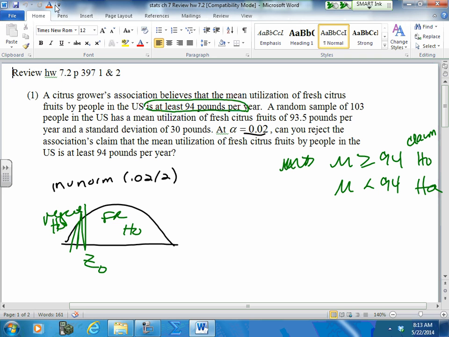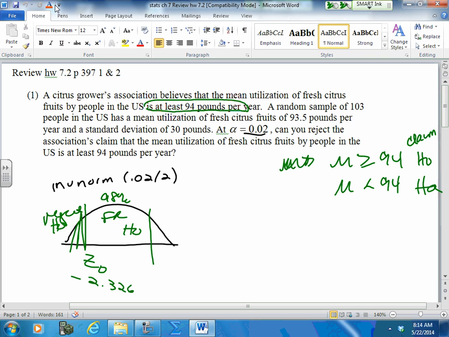But if your statistic comes on this side, go back and look at your tail test. It's probably off. So what is this inverse norm 0.02 divided by 2? That's because we have to divide this by 2 and share it this way because remember, it's technically saying 98% fall in the middle. So we want to know what is this cutoff value over here. Okay, there's your cutoff.